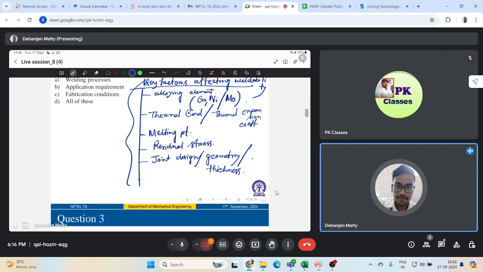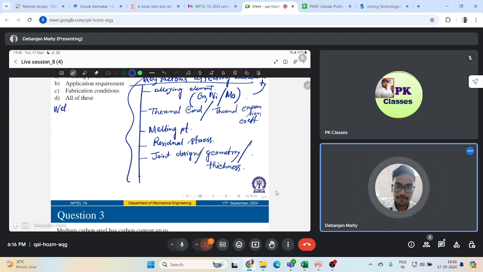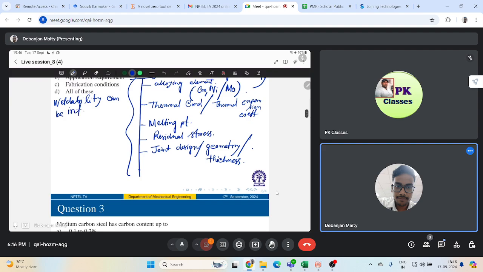Weldability can be influenced by the steps which you are following in your welding procedure, basically the welding cycle.